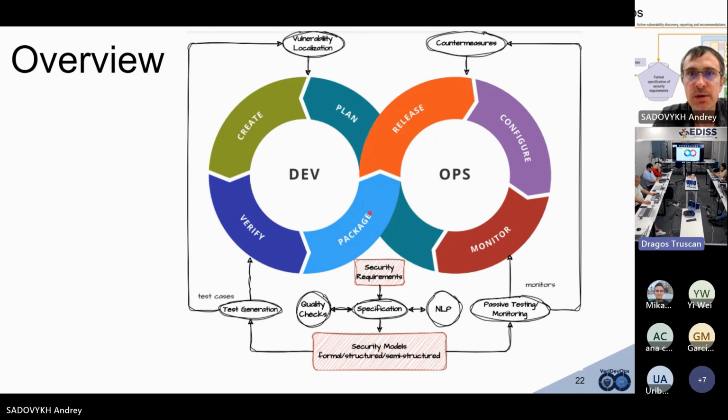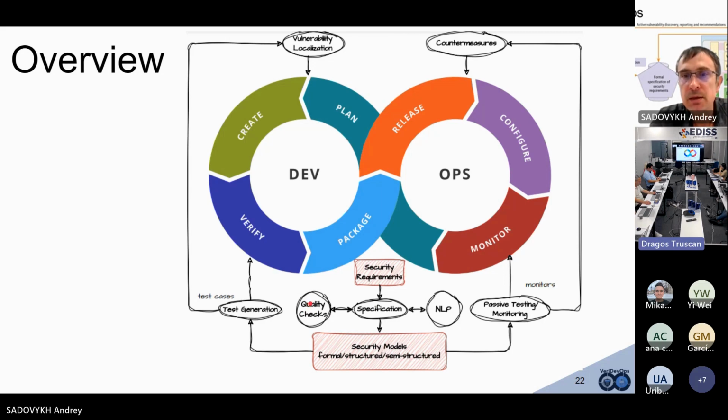Actually, we work with what we call DevSecOps. So we have security, which is a bit orthogonal to all of that and should be integrated in all of those stages of DevOps. It starts with identifying security requirements, right? That can come from specifications, from guidelines. Those specifications need to be checked for quality: are they clear enough, unambiguous, atomic, and do they represent concrete guidelines for developers to implement the system in a secure way.